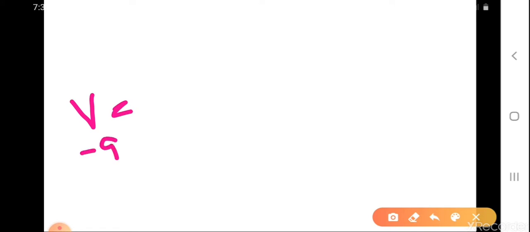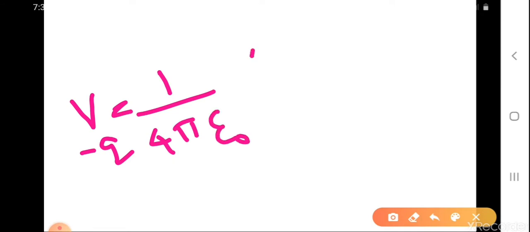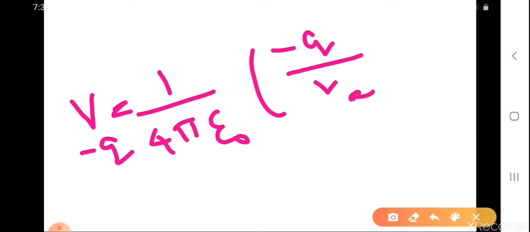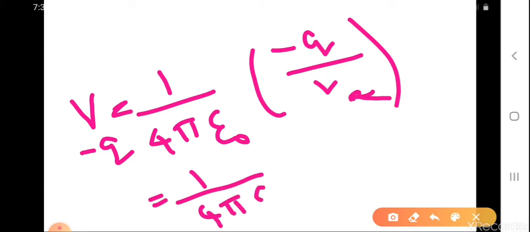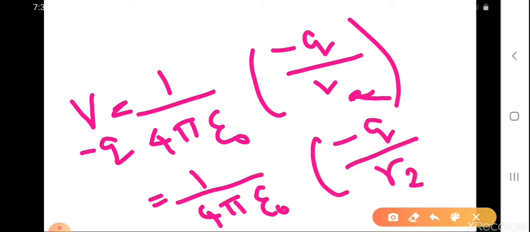V due to minus q is equal to 1 by 4 pi epsilon naught, minus q by r2. One is plus q by r1 and another one is minus q by r2.